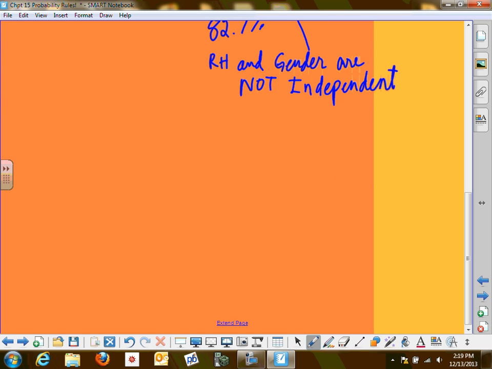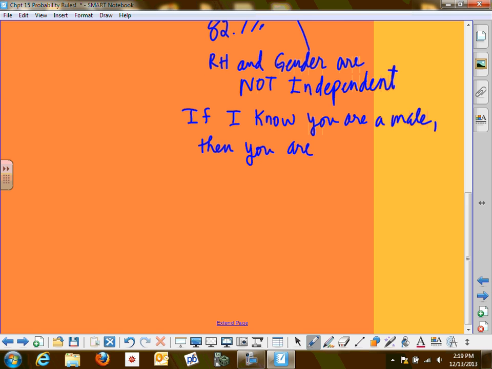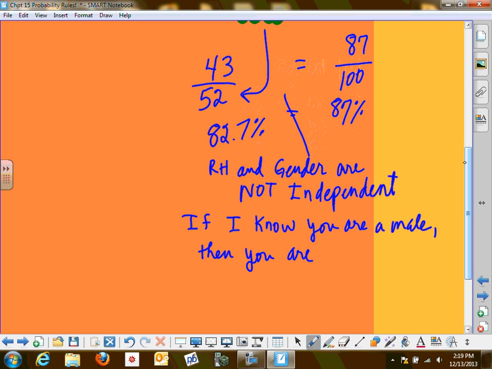But I want to go even further than that and say, if I know you are a male, then you are more or less likely to be right-handed? Less likely.